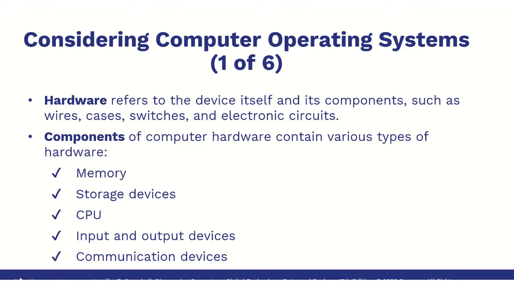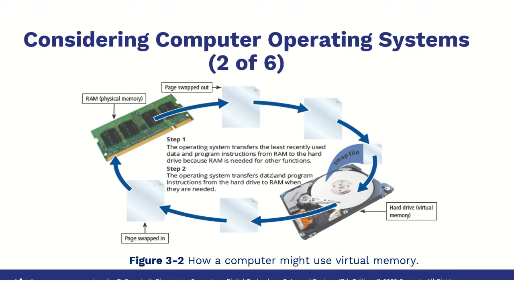The components of computer hardware contain various types of hardware: memory, storage devices, CPU, input and output devices, and the communication devices. So you can see the considerations about the operating systems in a computer.